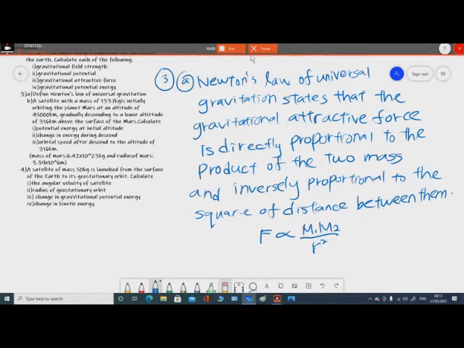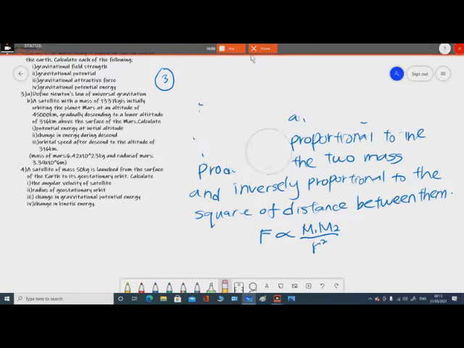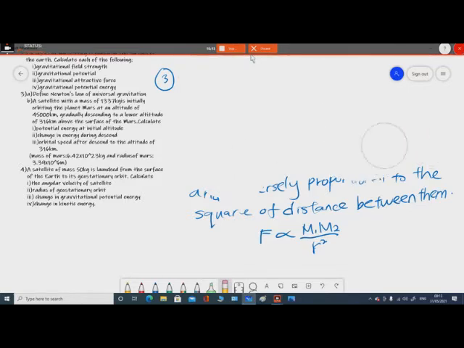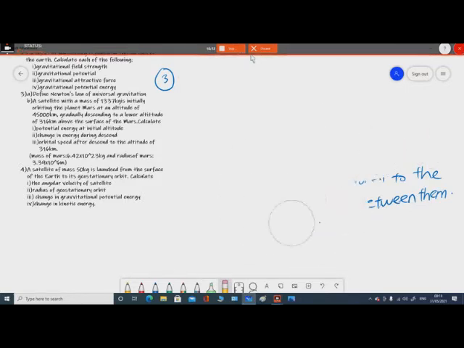Okay, so let's move on. Okay, so let me erase this one. Alright, so as for B, okay, a satellite with a mass of 1337 kg. So let me check whether it is correct.